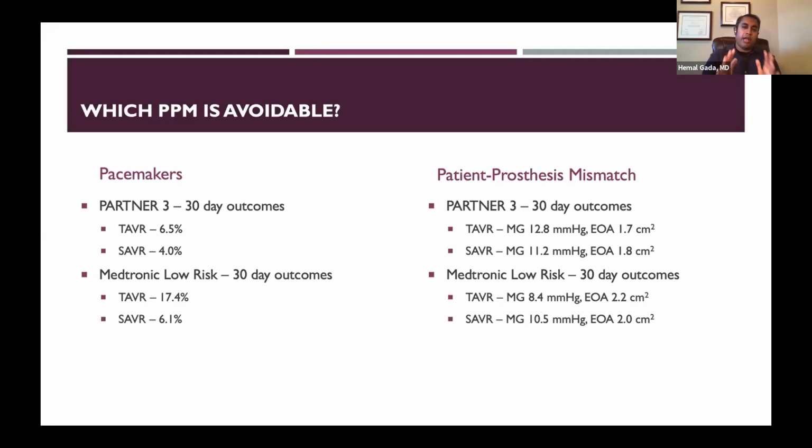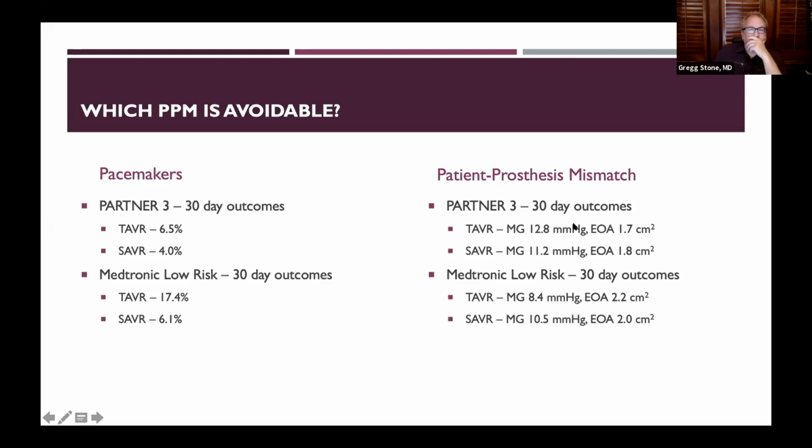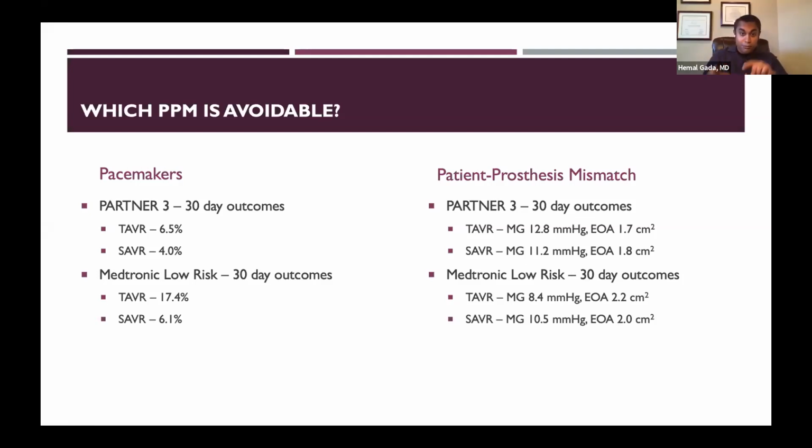And then if you look at the hard outcomes as they relate to PARTNER 3, those curves start converging together from year 1 to year 2. And so what is going on with these gradients? And maybe in the smaller valve sizes, there is some sort of clinical impact, because this is the first clinical trial where TAVR was randomized to SAVR, and TAVR was inferior to SAVR with regards to hemodynamics.